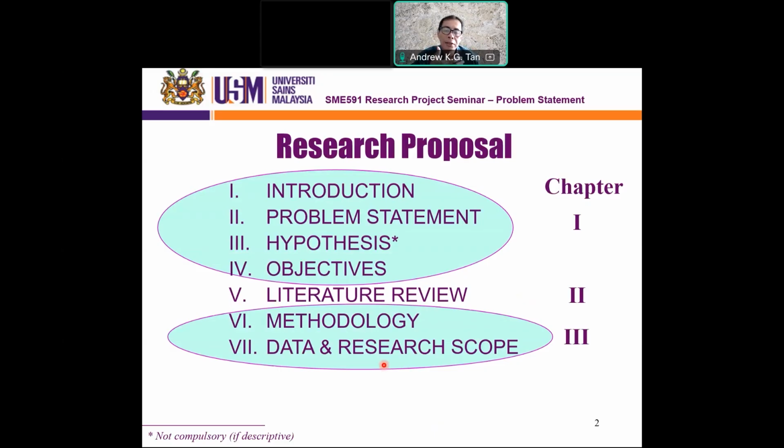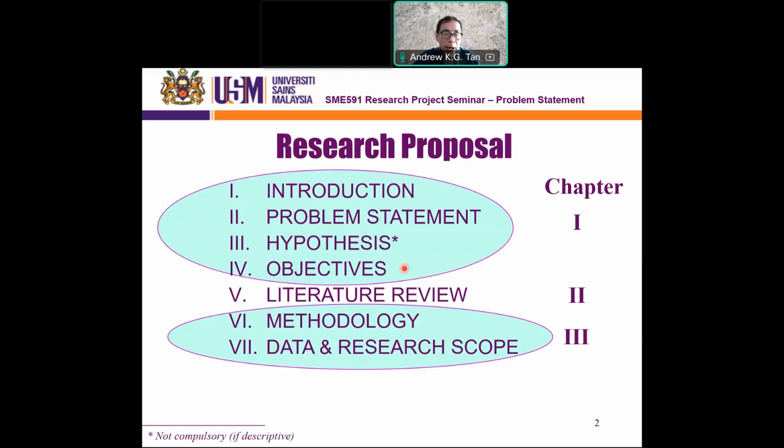So while you are asked to prepare a research proposal for this class, SME591, you are essentially preparing 3 chapters of your research project, SME599, because if you do this seriously, you are actually completing chapter 1 already. You have an introduction, which you can use for your research project. If you identify your problem statement properly, you can use it in your research project 599.